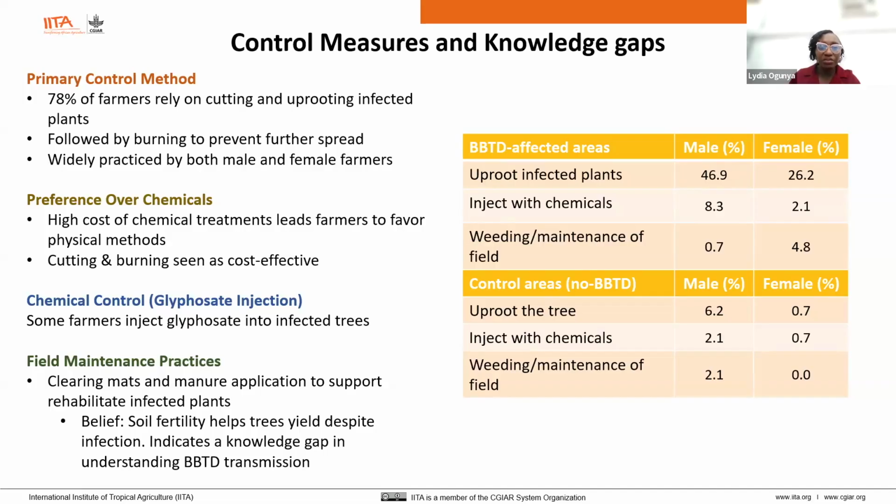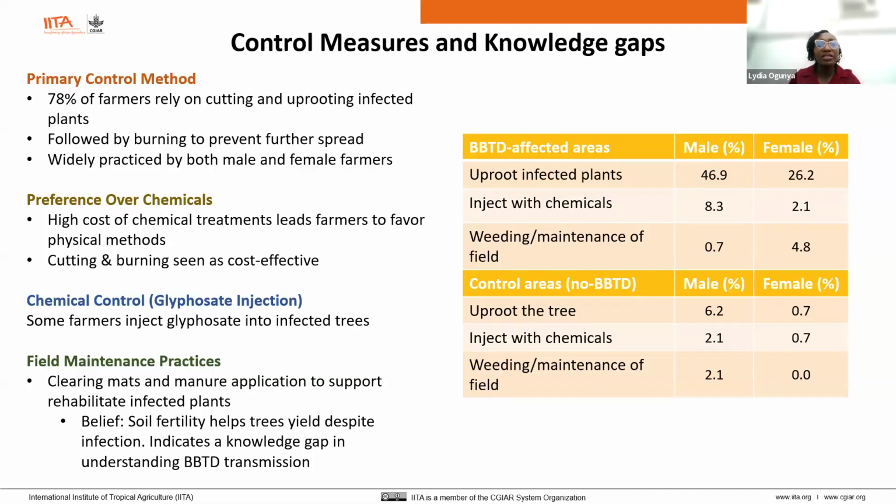Then we also see some other farmers within the 10.4% that apply glyphosate to the infected trees. They inject it, but many of the farmers are of the opinion that this method to control BBTD is not as effective as cutting down and uprooting the infected plants. We also have some other category of farmers who are involved with weeding and maintenance of the field, clearing the mats, and manual application to support rehabilitation of the infected plants.